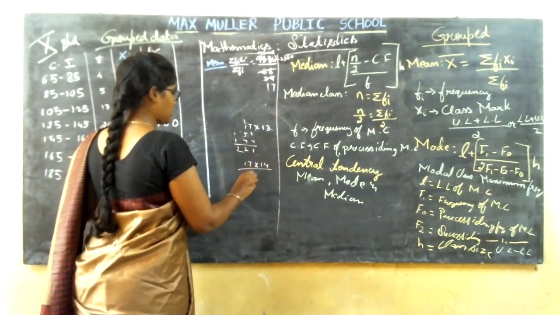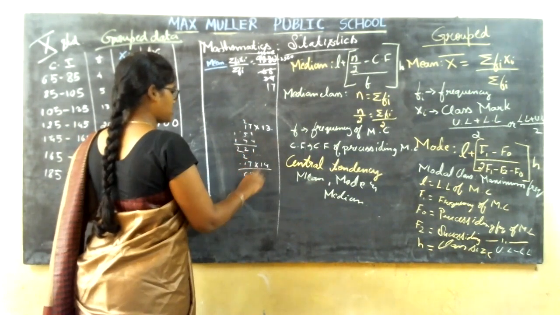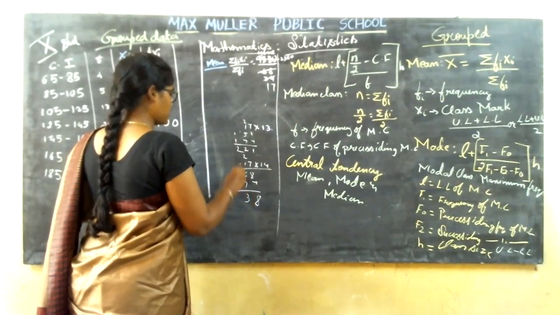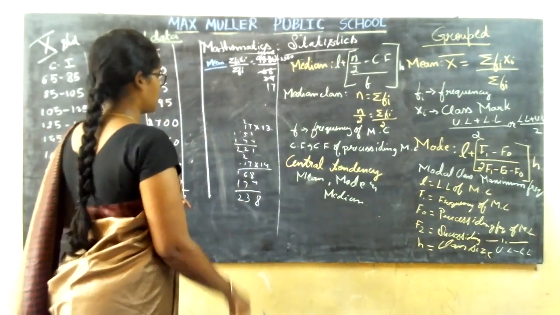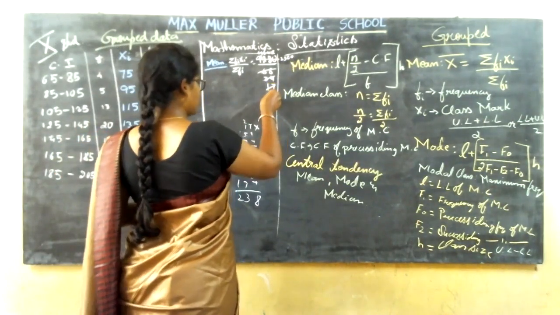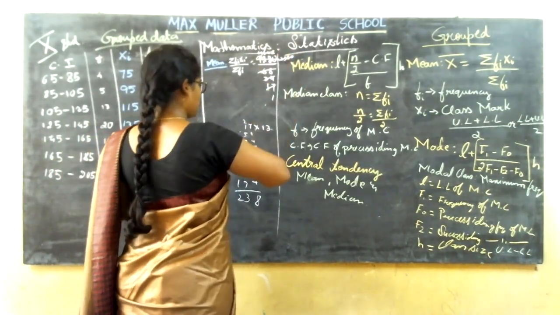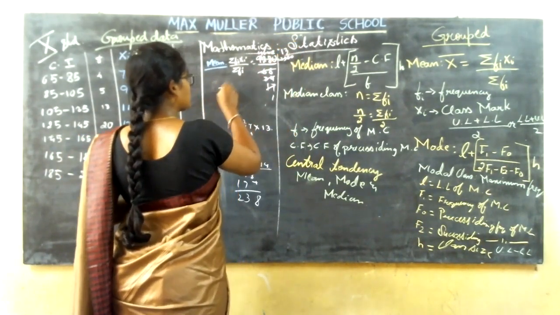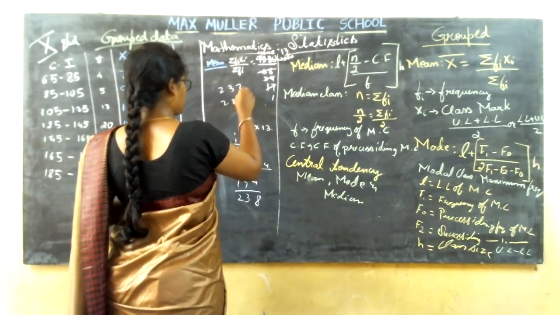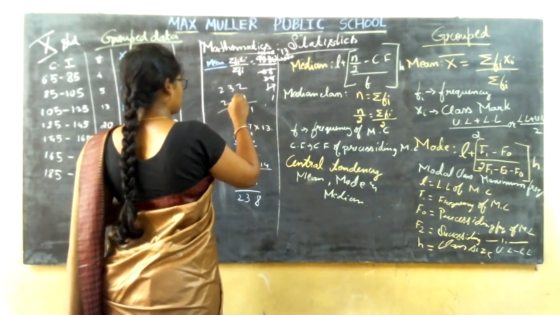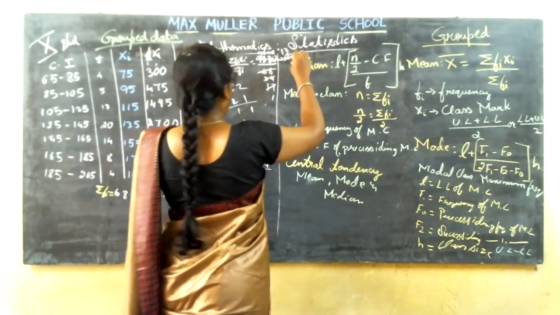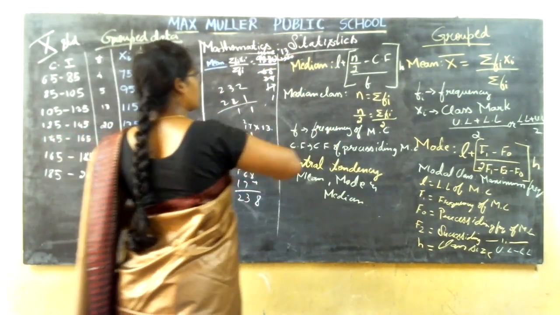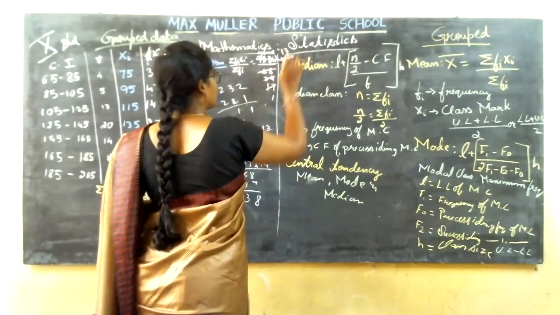So 4 7s are 28, 2 carry, 4 1s are 4, 6 plus 7, 8, 6 plus 6 is 12 plus 1, 13. That is more. So 17 1s are 17, 13s are. I think it goes in 1 1 0 1 1, you will be left with.